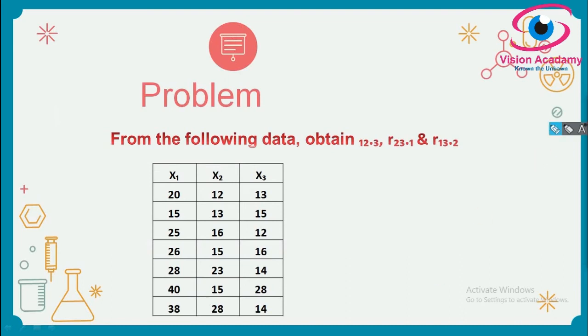Further, let us consider a problem. Here we have some data. From the following data, obtain R12.3, R23.1 and R13.2. When you are given the R12 value, R23 value and R13 value directly, that is the zero order correlation values, you can directly apply them to this formula.